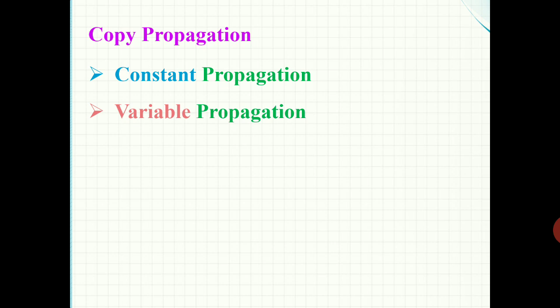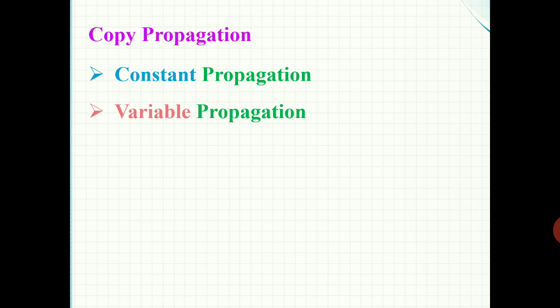We can say that the copy propagation technique is a process of substituting the values of constants and variables in the expression at compile time, rather than substituting the values of the variables and constants at runtime.